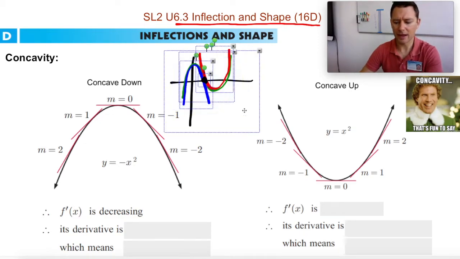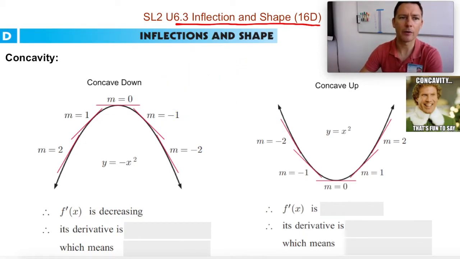We can recognize concave up or concave down in limited domains because of how the slope is changing. If you looked at an upside down parabola, an inverted parabola, the slope would be positive on one side, get less positive, go to zero, become negative, become more negative.